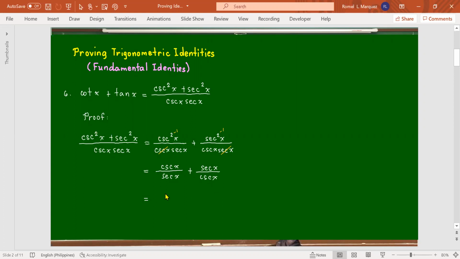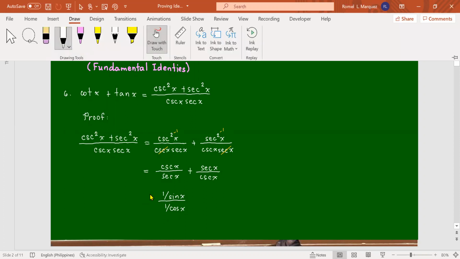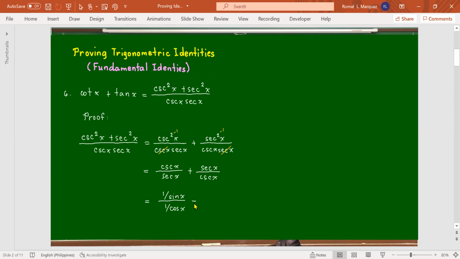From reciprocal identities, cosecant x is equal to 1 over sine x, while secant x is 1 over cosine x. And then here, similarly, we have 1 over cosine x, and in the denominator, 1 over sine x. So these are the identities of secant and cosecant x respectively.